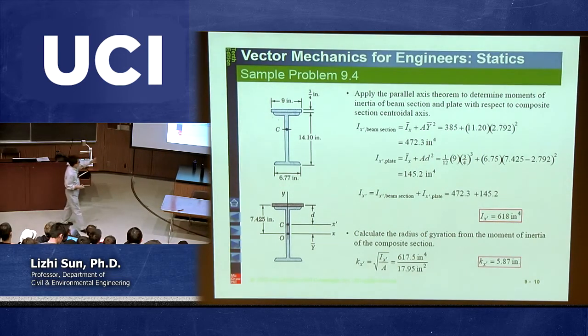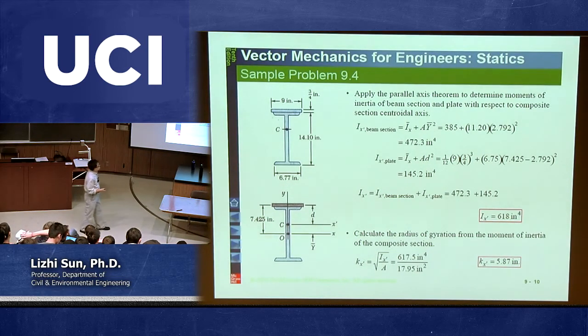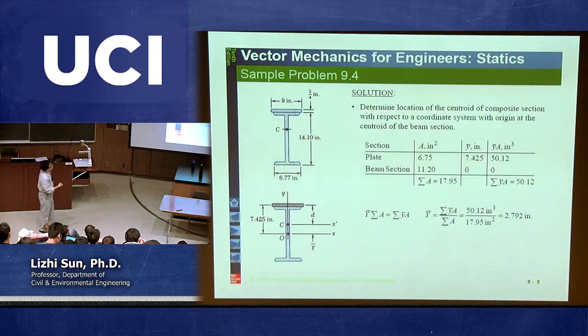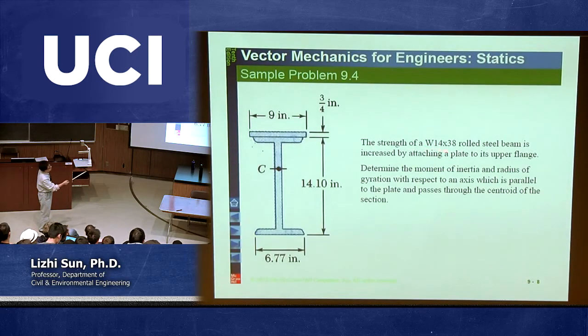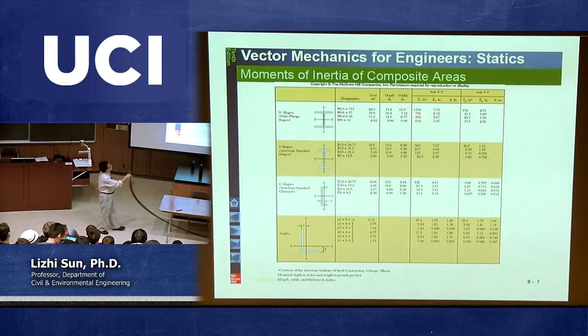So this is another example, just to show you, in case you are given a specific wide flange or standard or channel section, you can again use superposition, but obviously you can take advantage of this chart. You may say, well, I'm not asking you to memorize this because there's no way you can memorize those.